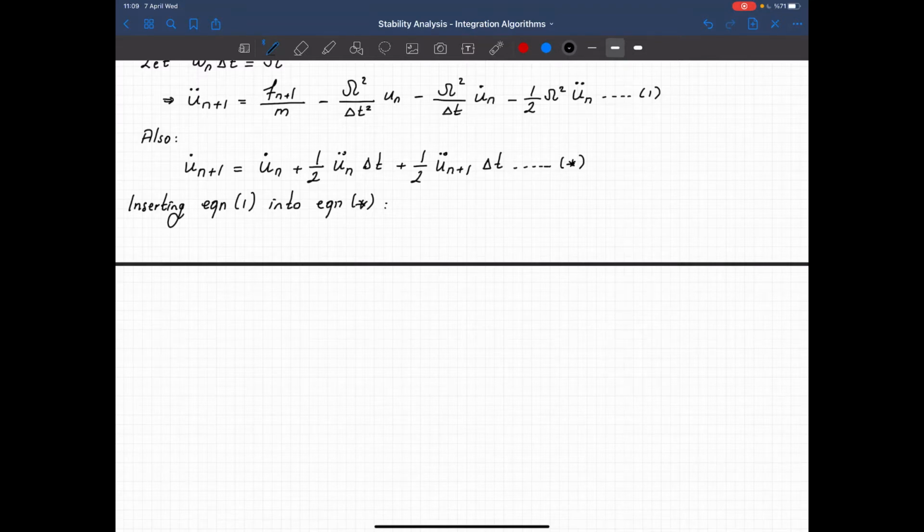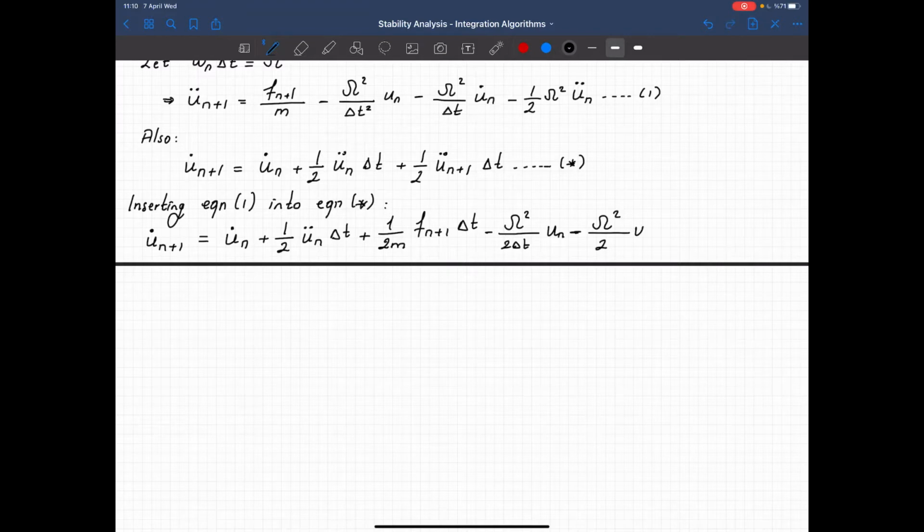U dot n plus 1 is equal to u dot n plus 1 over 2 u double dot n delta t plus 1 over 2 f n plus 1 delta t minus omega squared over 2 delta t multiplied by u n minus omega squared over 2 u dot n minus 1 over 4 omega squared u double dot n delta t.